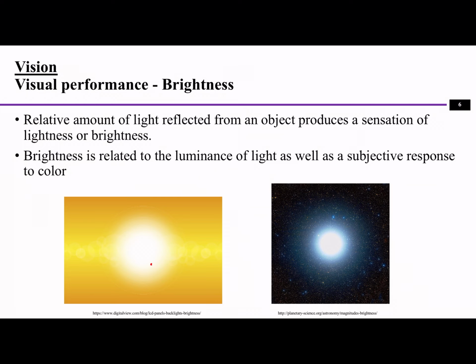Another one is visual acuity, which is the ability to resolve details. Oftentimes we use it to describe how small a visual angle is. For example, one acuity measure is the minimum separable gap.